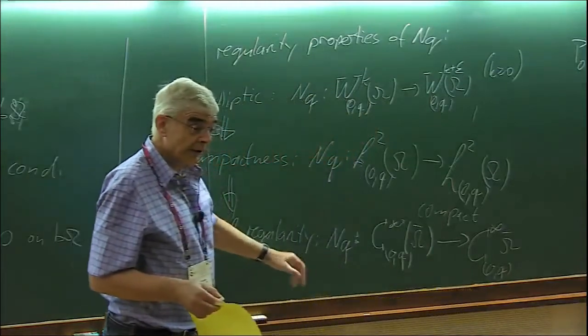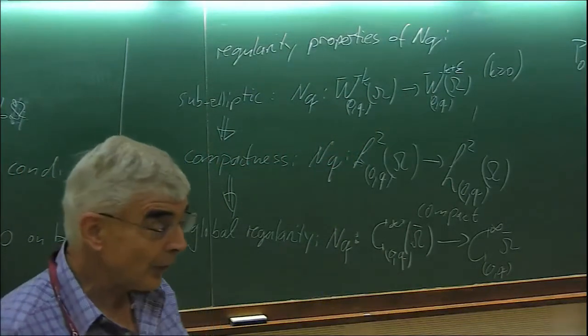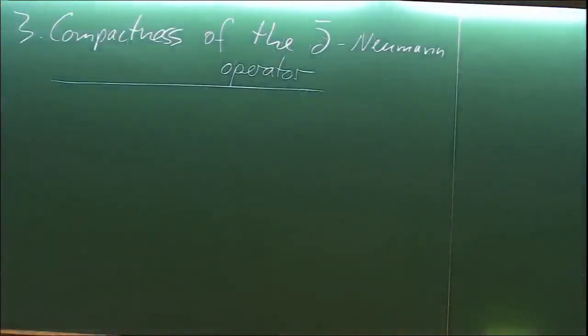For global regularity, this is true on large classes of domains, but not on all. A nice geometrically simple subclass where this is true is when the domain is Euclidean convex. And always I'm assuming smooth boundary in these cases.